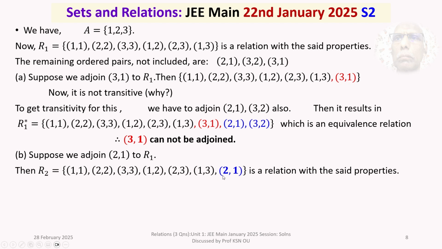And for (2,1), symmetric is (1,2). Then R2 is (1,1), (2,2), and (1,2) is there, (2,1) is there, so symmetry has come for this ordered pair, not for all. (2,3) is there, (3,2) is not there, it's not symmetric. (1,3) is there, (3,1) is not there, it's not symmetric.